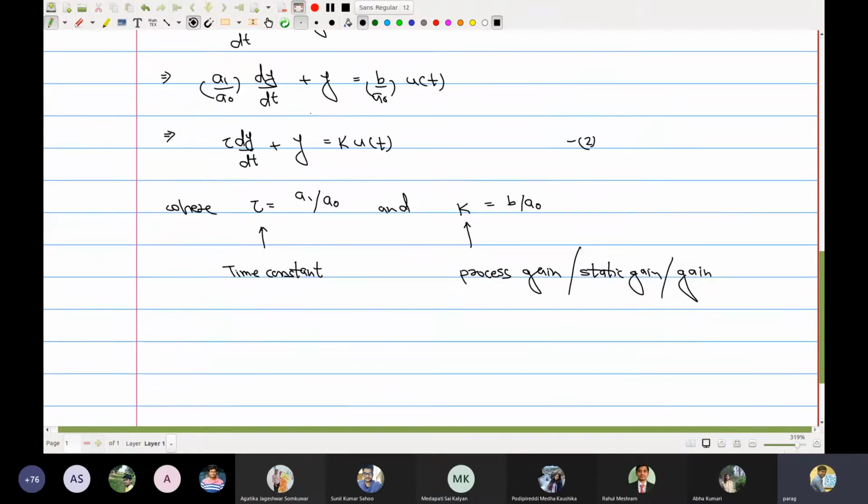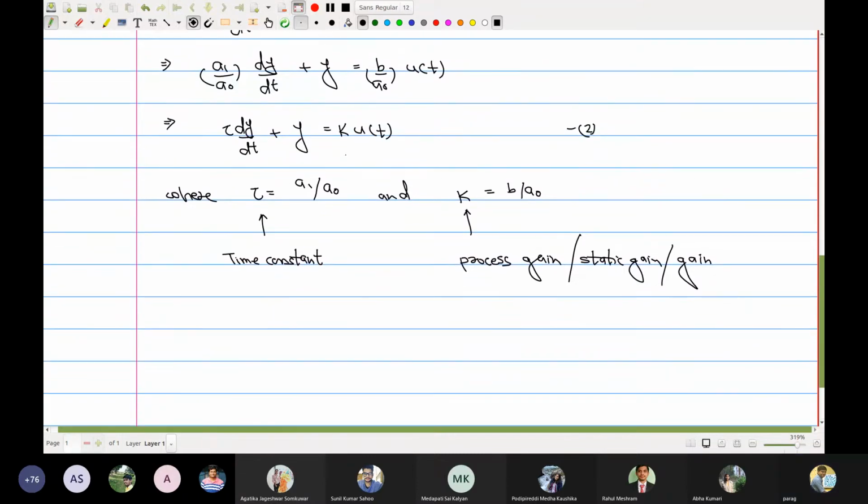And now we have specific terms for these two quantities. u(t) is called the input function or input variable, and this is also called the forcing function.